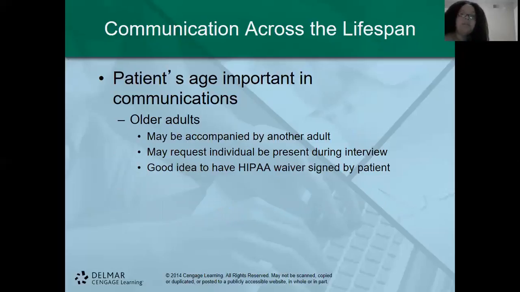So it's important to talk to them as well as to the patient. They may request an individual be present during that interview. Most of the time, it's their caregiver. And also, it's a good practice to use the HIPAA form signed by the patient that says it's okay to talk to this caregiver about what's going on with that patient.